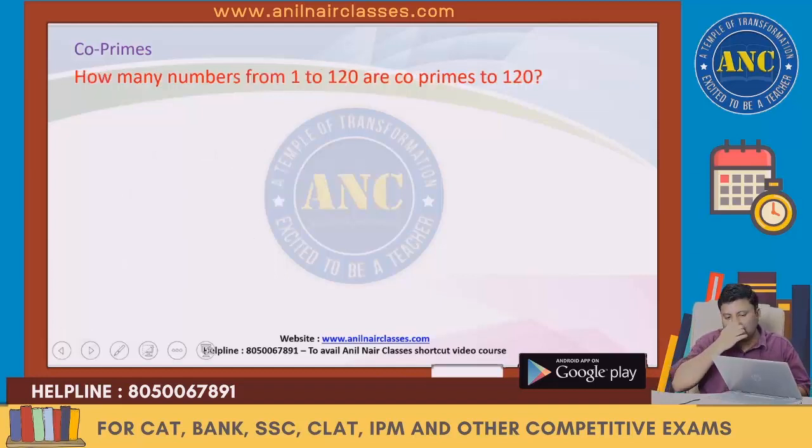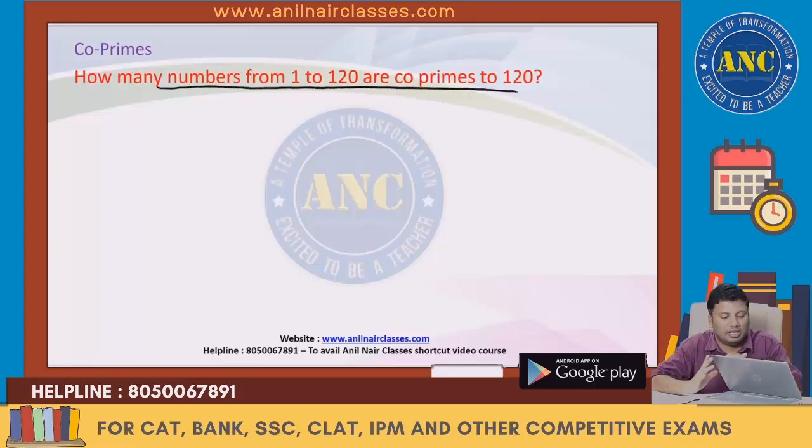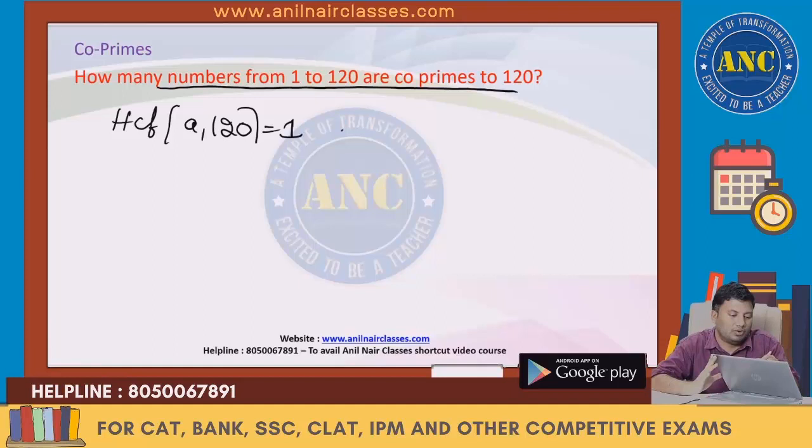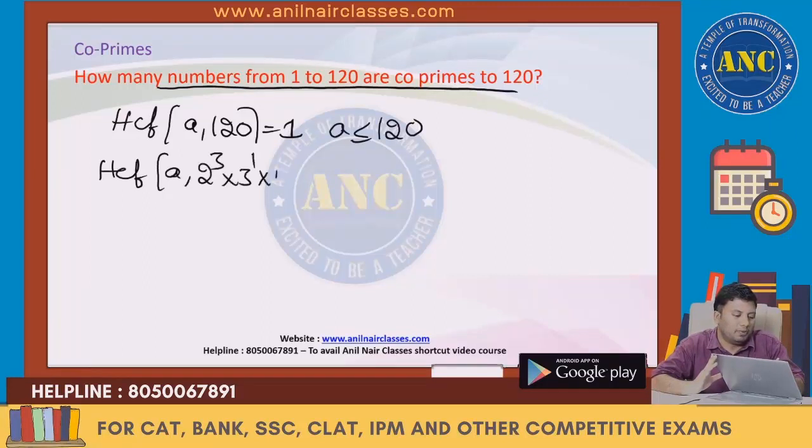Easy substitution. How many numbers from 1 to 120 are co-prime to 120? This is nothing but HCF of a comma 120 equivalent to 1, a less than or equivalent to 120. That is a comma 2 cube into 3 power 1 into 5 power 1 equivalent to 1.